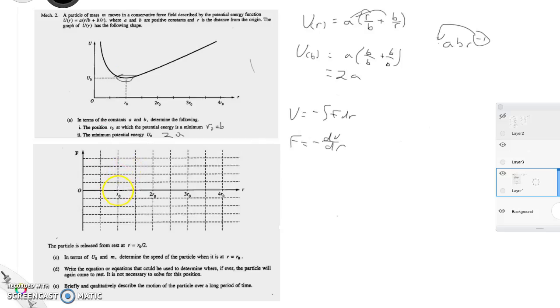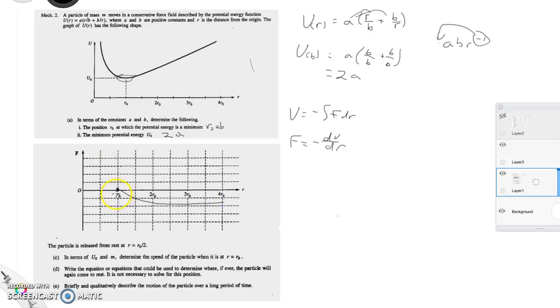So at R naught, we have a force of 0, because the slope there is 0. And then this is a relatively constant slope, right? It kind of goes constant and stays constant. This is positive, though, so it would be negative down here. So it might look something like this.